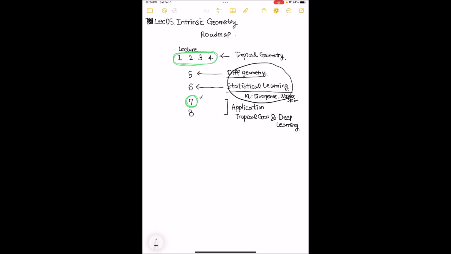So in these two lectures, it is not, I say again, not related to tropical geometry, but it is an important idea to apply to tropical geometry, or to a new part of tropical geometry and deep learning theory.